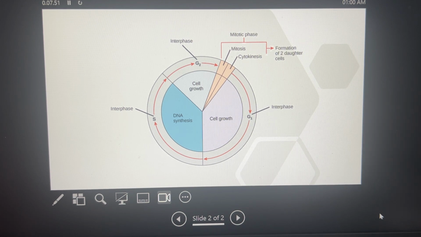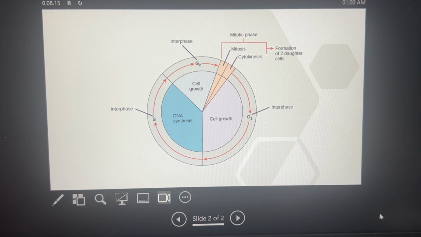Now, the fascinating facts about the cell cycle. First of all, duration. The length of the cell cycle varies significantly between the different types of cells present in the body. For instance, skin cells may divide every few hours.